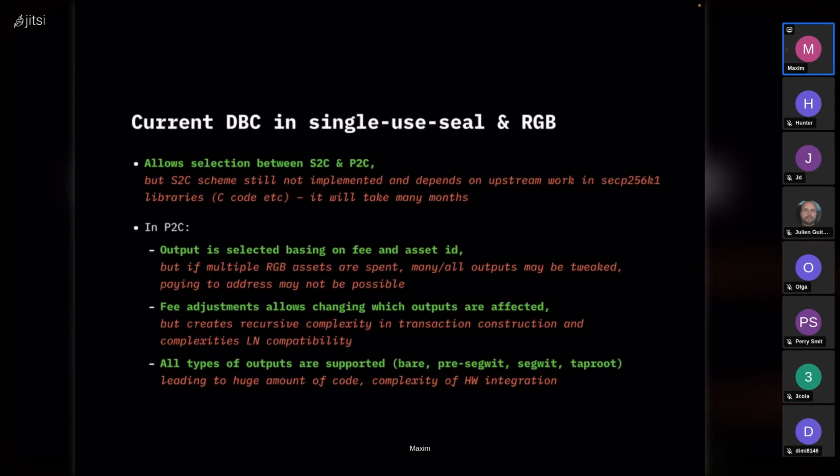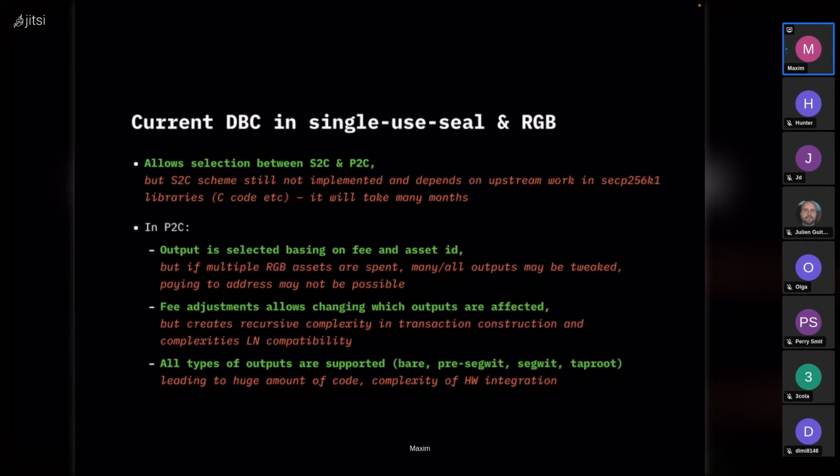The second problem is that you have to readjust the fee level, and it puts you into a recursive cycle where you change the fee, you need to change the amount, you need to change the number of inputs. And this may lead to a change in the number of assets that you're putting into the transaction, which will change the number of commitments you need to produce. It's really hard to implement in a proper form in RGB Vault.